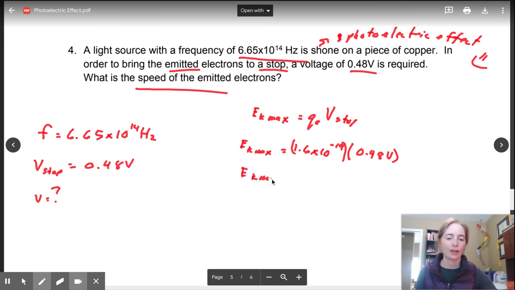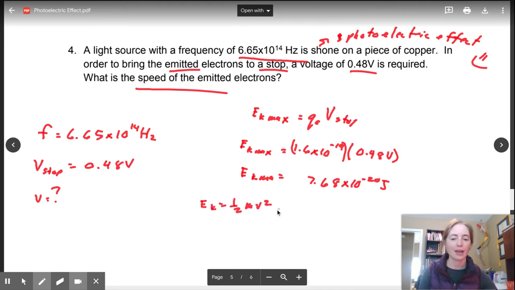Our EK max is 7.68 times 10 to the power of negative 20 joules. Well, now I have this, I'm trying to find the speed. I can once again use my EK equals 1/2 mv squared. And I'm going to then rearrange this to get my V.